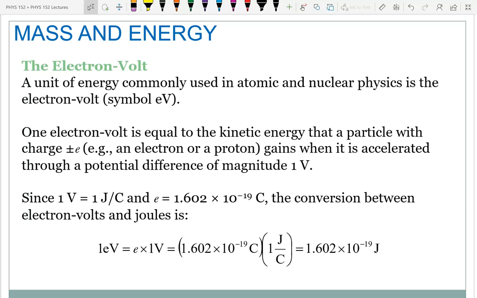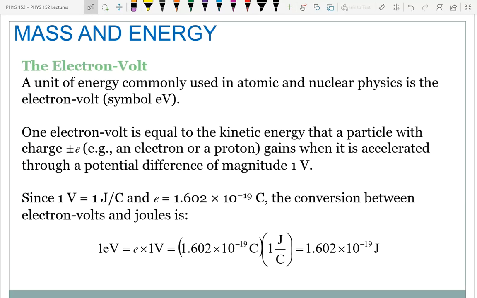And then we were able to say, well, the force is the electric field times the charge, and the electric field times the charge times the distance is the voltage difference per charge times the charge. And so we said, well, we can just say the work is equal to the voltage difference times one electron charge, and we start talking about the electron volt to make it so it's real simple.